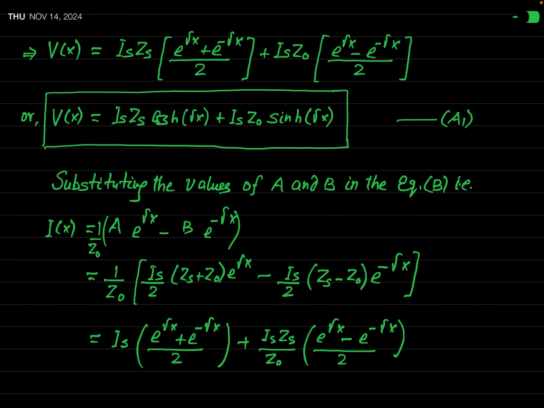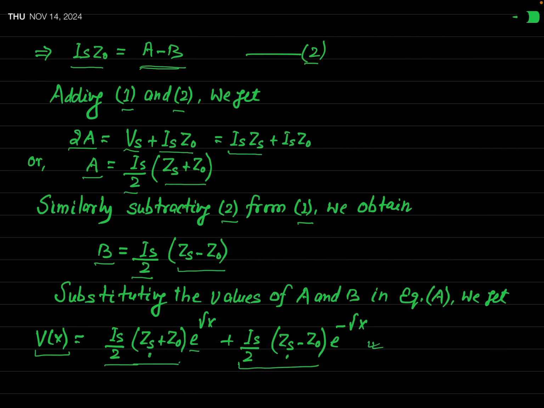So I have written here V of x will be Is times Zs, this is a common factor, and there will be e to the power gamma x plus e to the power minus gamma x over 2. Now see the remaining terms, and you can associate these two terms.